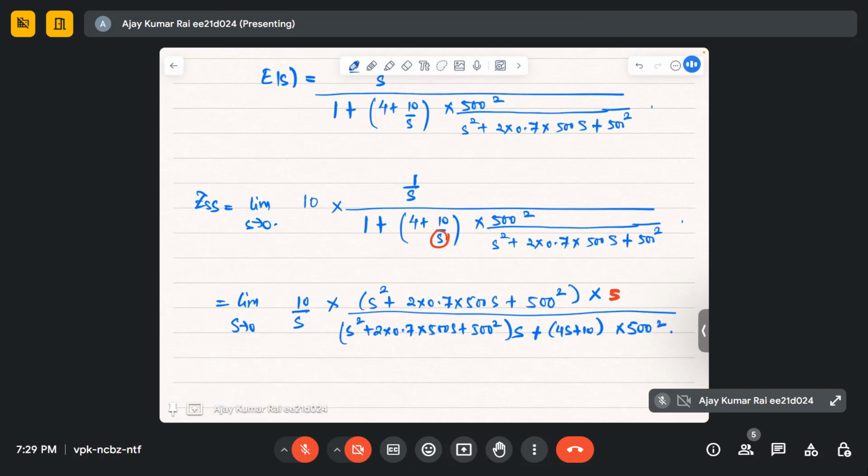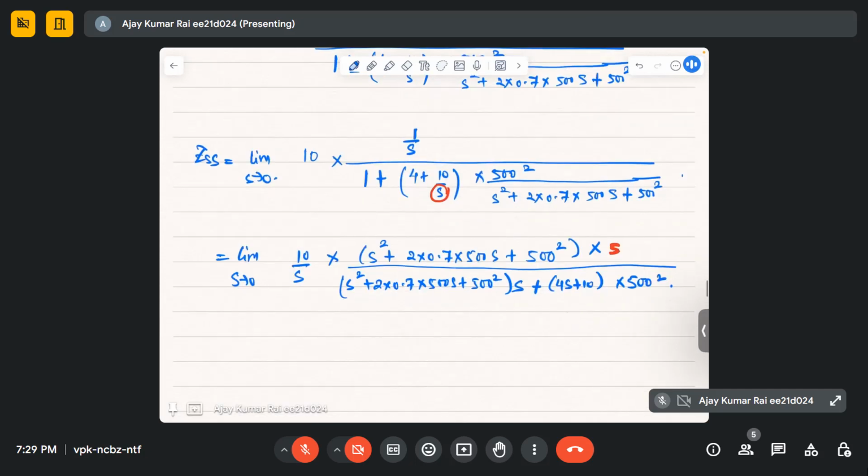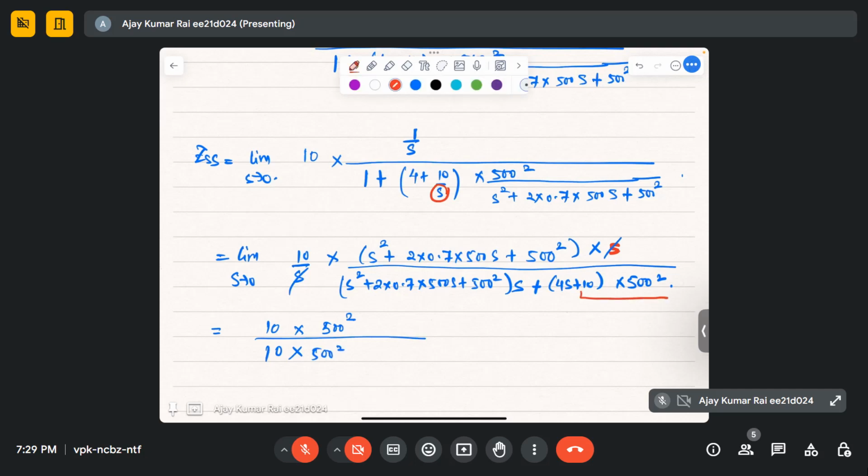So if you put S, you get 500 square from the numerator, and from the denominator, you'll get 10 into, again, 500 square. So you'll be remaining with this.